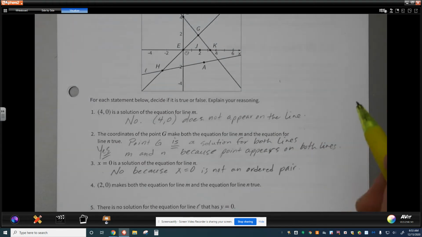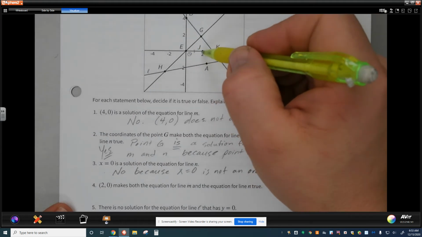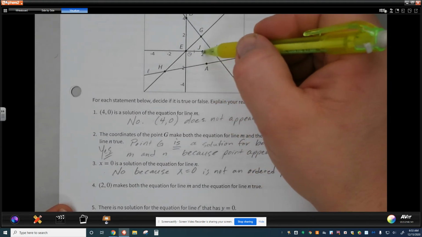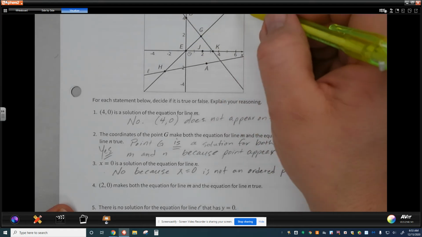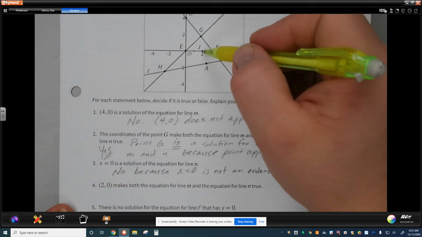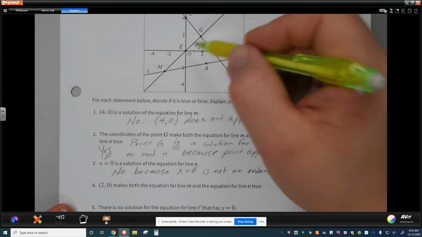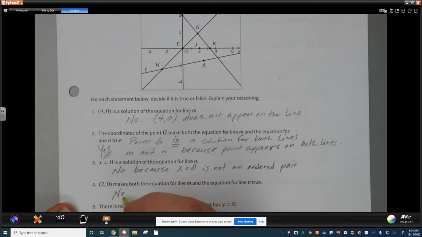2, 0 makes both the equation for line M and the equation for line N true. So is the ordered pair 2, 0 right here a solution for line M and line N? Well, no, we already established that point G is the solution there. And point 2, 0 is not even on the graph of these two lines, so it can't be true.